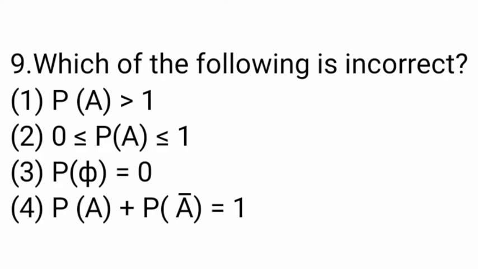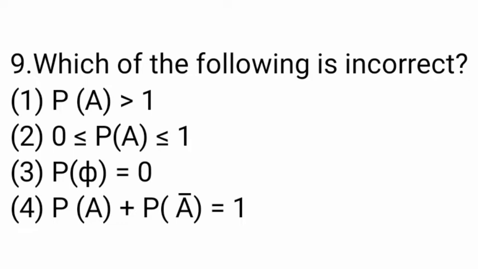Ninth one: which of the following is incorrect? Option 1, P of A greater than 1. Option 2, 0 less than or equal to P of A less than or equal to 1. Third one, P of empty set equal to 0. Fourth one, P of A plus P of A dash equal to 1. Which is incorrect? The first one, P of A greater than 1, means probability is greater than 1.